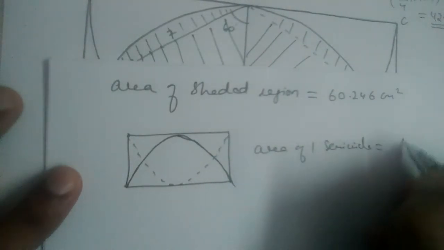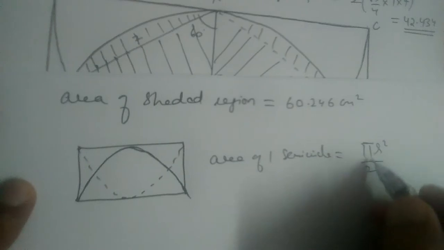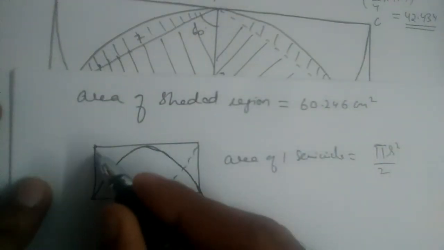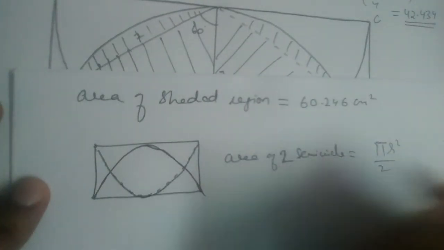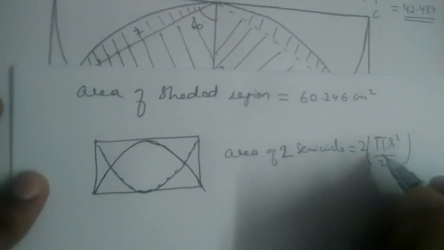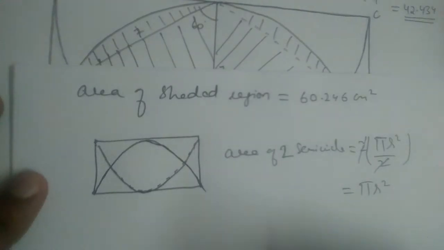The area of one semicircle is pi r square divided by 2. The area of one circle is pi r square, but the area of a semicircle will be pi r square divided by 2. Like this, we have one more semicircle, so the area of two semicircles will be 2 times pi r square by 2, which is in fact pi r square only.